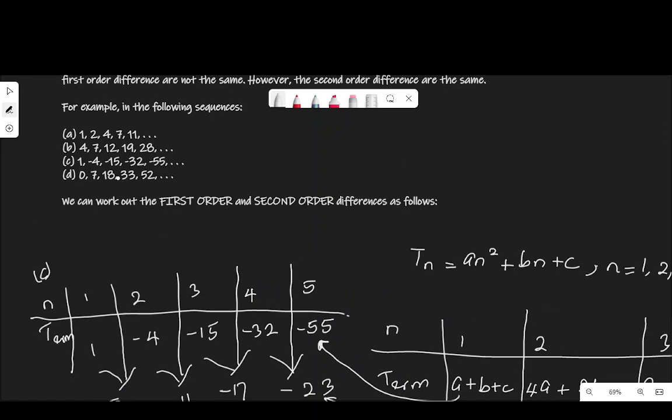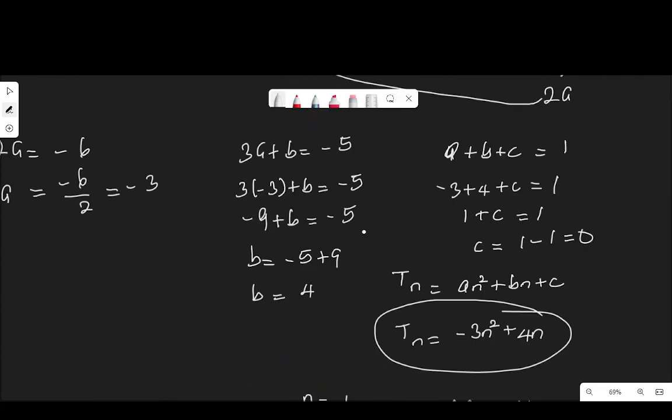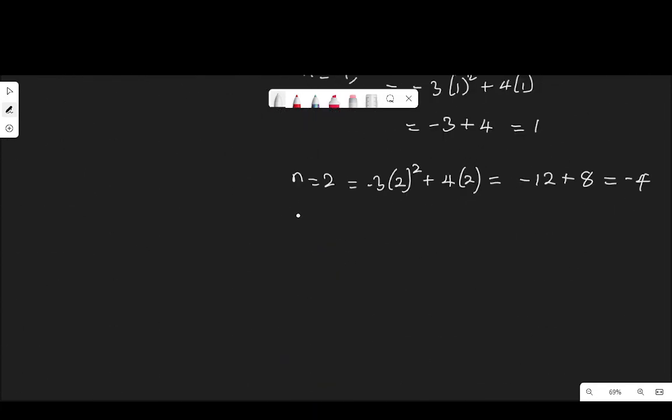Let's check with the third term, the last one. When n is equal to 3, what is the formula? Minus 3 times 3 squared plus 4 times 3, which is minus 3 times 9 plus 12. 3 times 9 is 27.